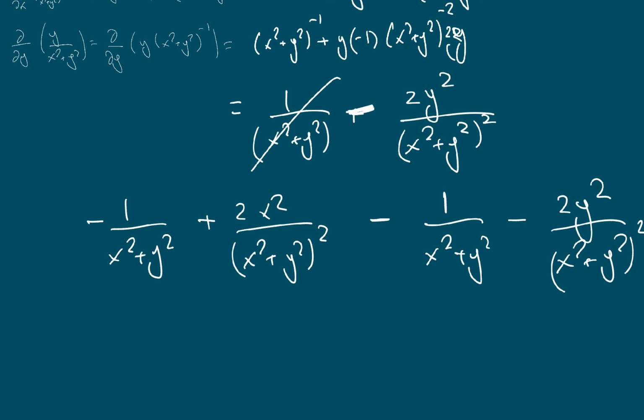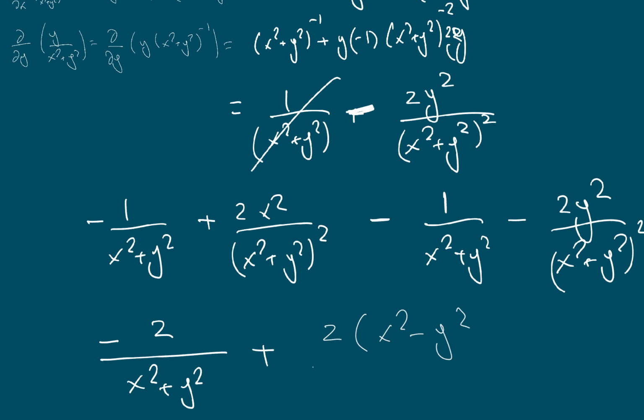So it will be minus 1 minus 2 divided by x squared plus y squared plus 2 times x squared minus y squared divided by... here is a plus or is a minus? Here is a minus, but it's minus the second, so this is a plus.